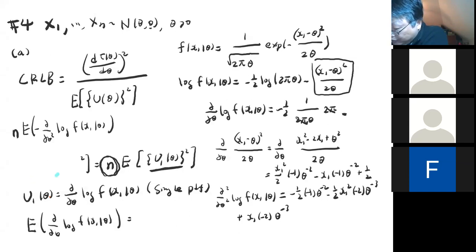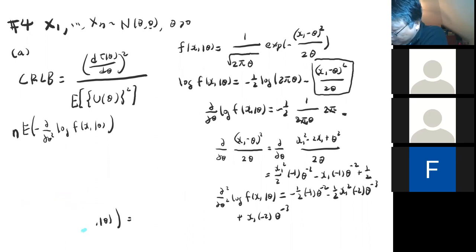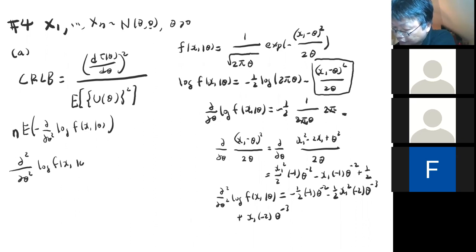So let me take out this. I think eventually the partial with respect to theta squared of log f of x1, the second derivative, is going to become 1 over theta squared, then x1 squared over theta, minus half.